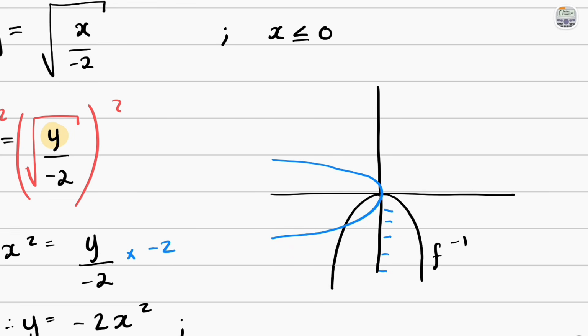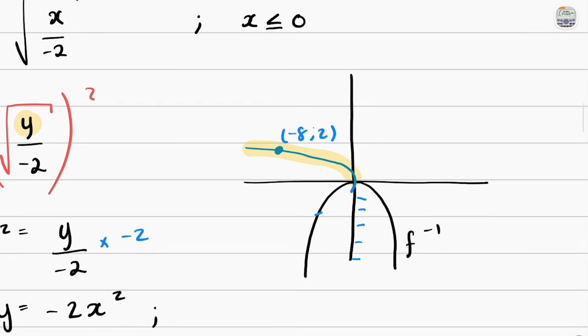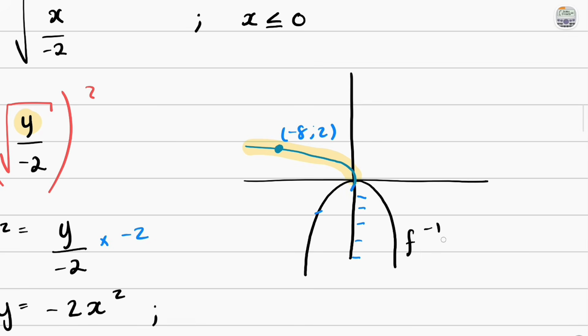If negative 8 and 2 lies on this, let's see where that will be. Negative 8 on the x-axis, so we'll go 8 units to the left, and 2 going up. So that means the part of the graph that exists, if this is negative 8 and 2, would be this section. This part is the one that was cut off. If this is the part of the graph that exists, then this restriction will affect this inverse.